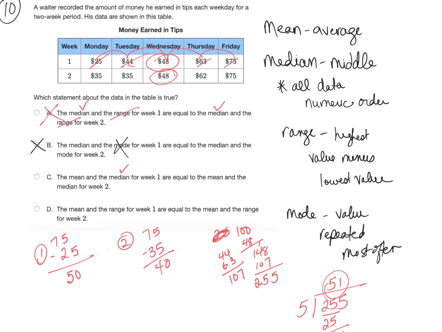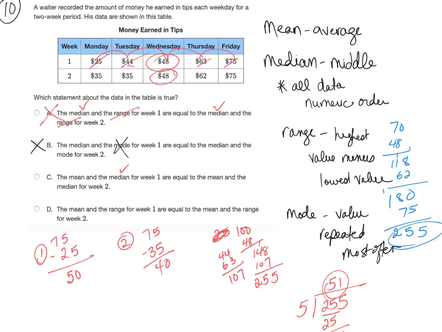All right, so 35 plus 35 is 70. Plus 48, 7 plus 4 is 11. Plus 62, 8 and 2 is 0, carry the 1, 6, 7, 8, that's 180, plus 75, so 5, 15, carry the 1, it's 255.